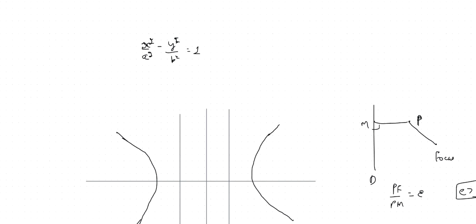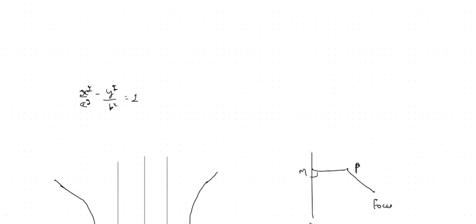So as we have major axis and minor axis for ellipse, for hyperbola we have transverse axis and conjugate axis.